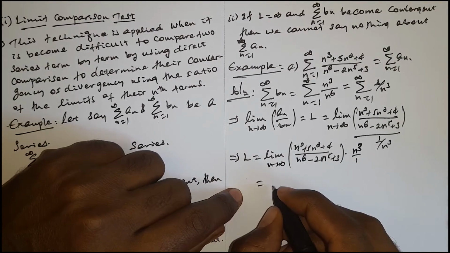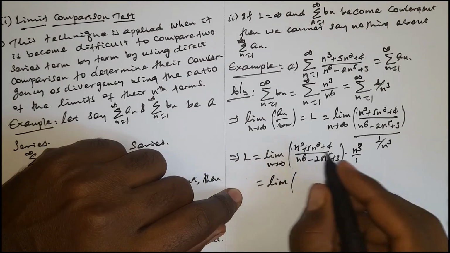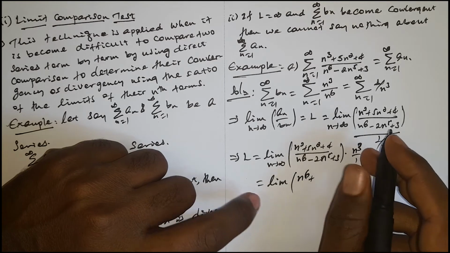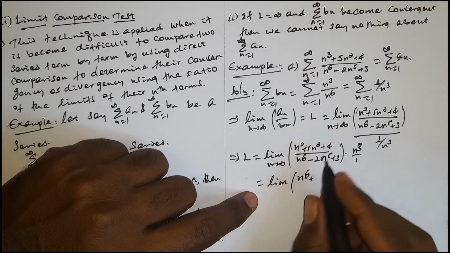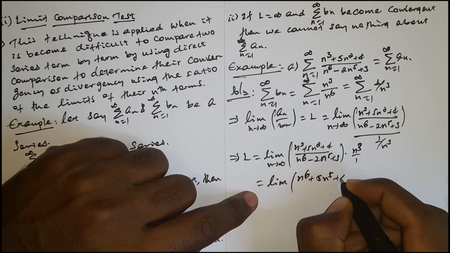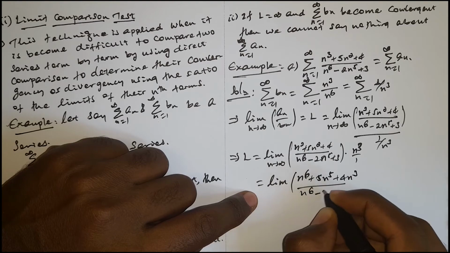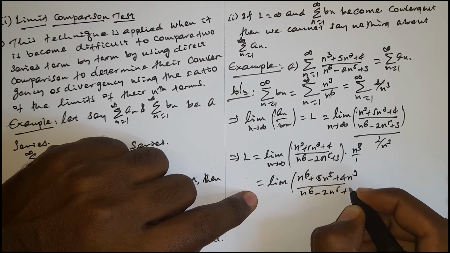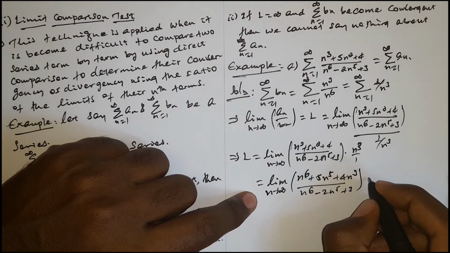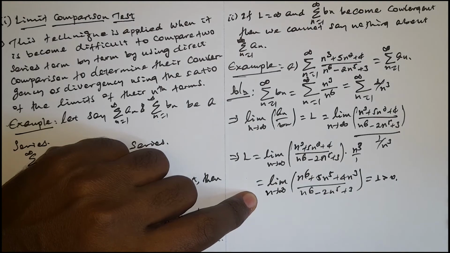This equals the limit of (n cube times n cube is n power of 6, plus n square times n cube is 5n power of 5, plus 4n cube) over (n power of 6 minus 2n power of 5 plus 3) as n approaches infinity. This limit becomes 1, which is greater than 0.